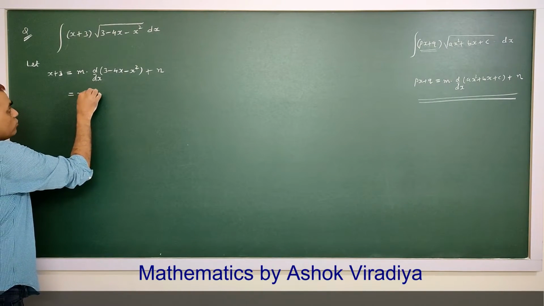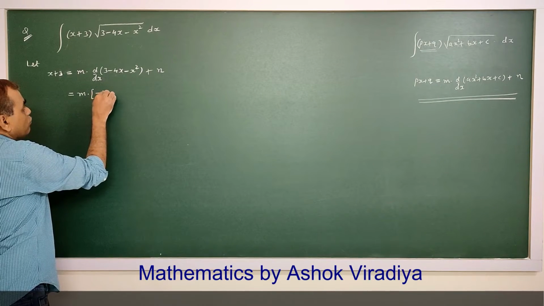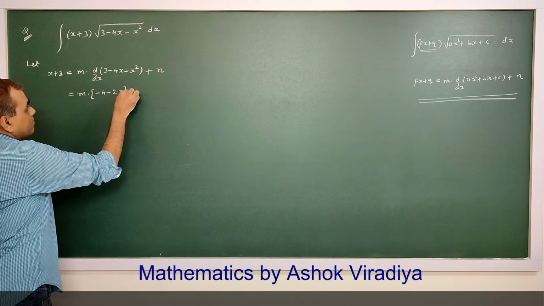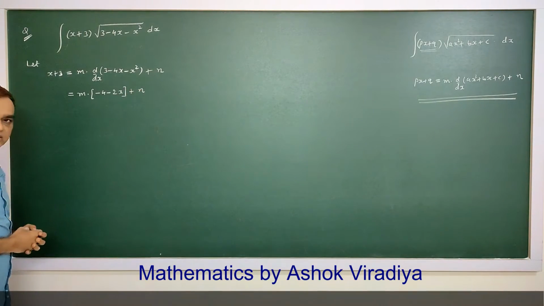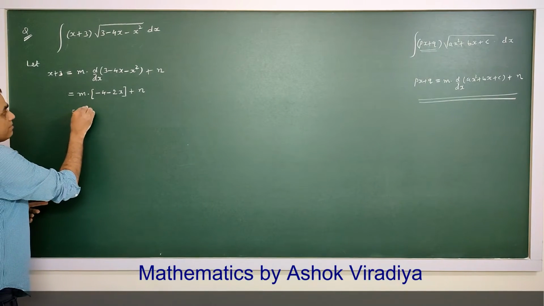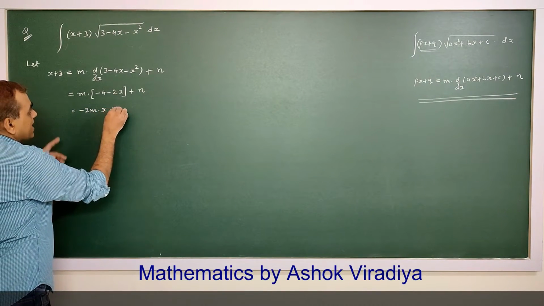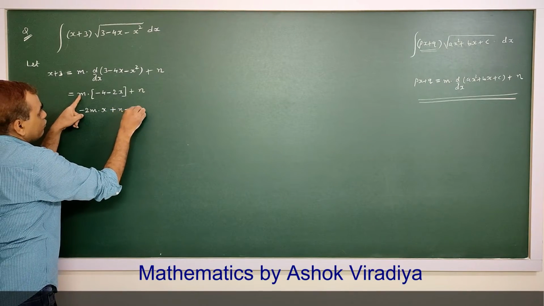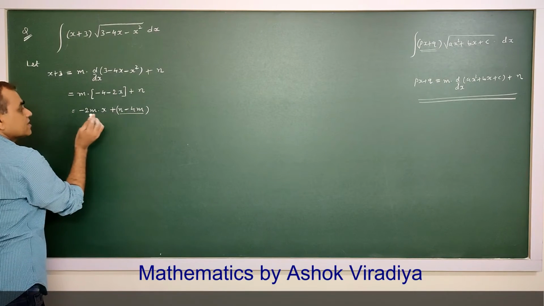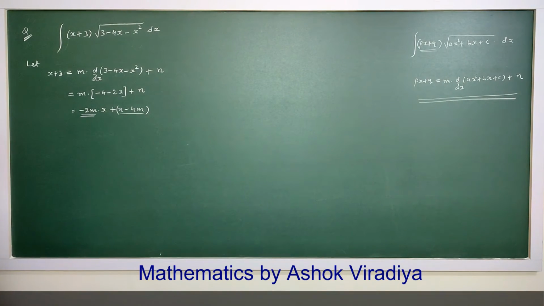So m into its derivative is minus 4 minus 2x plus n. This can be expressed as minus 2m into x plus n minus 4m. Constant part separated, x part separated.